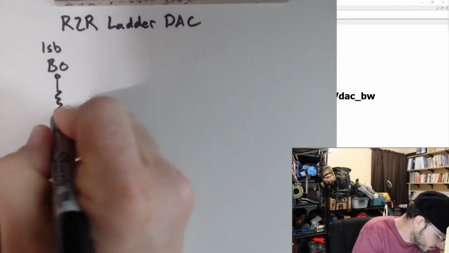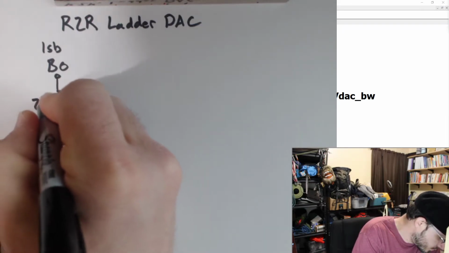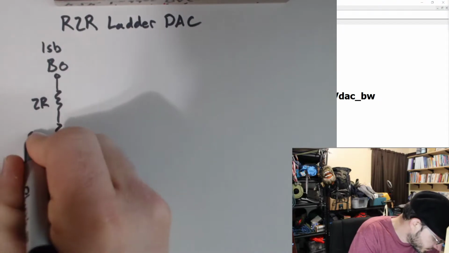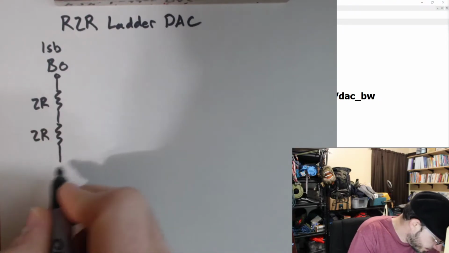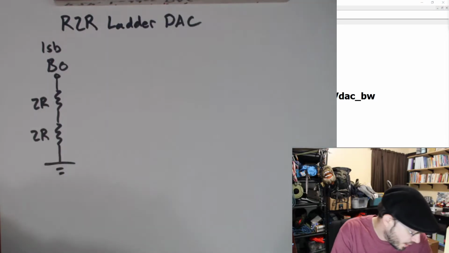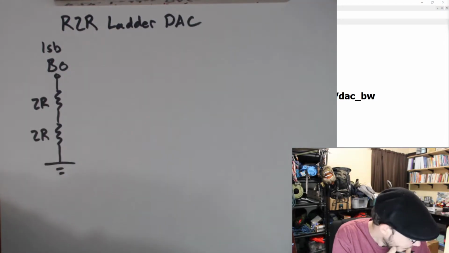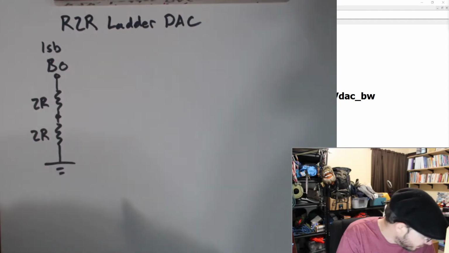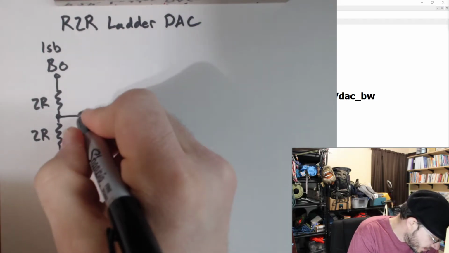R, R, 2R, and ground over here. Okay, so what did we do here? Okay, we created kind of a voltage divider over here.